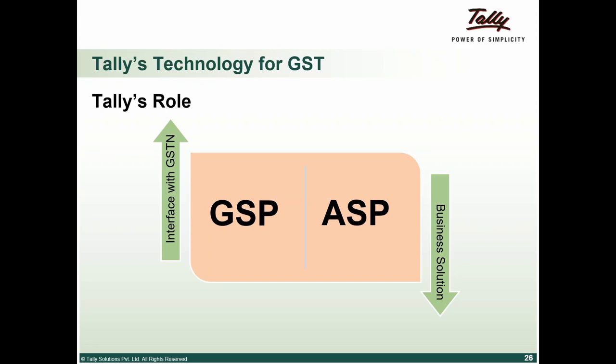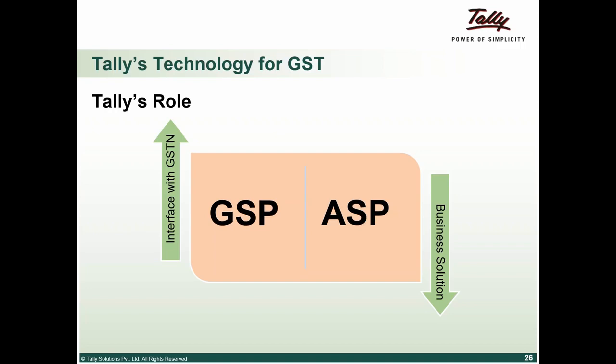Let us assume that everything goes fine and we become a GSP. Since Tally would be both a GSP and an ASP, this GSP-ASP combination is like the best couple in the world, a very understanding couple.